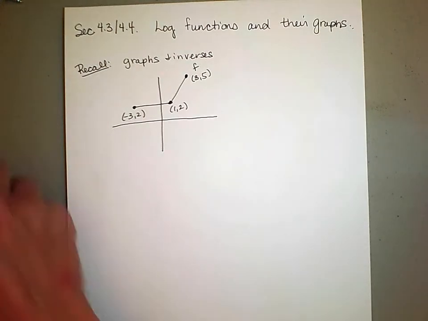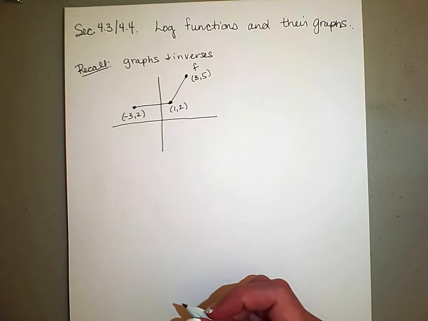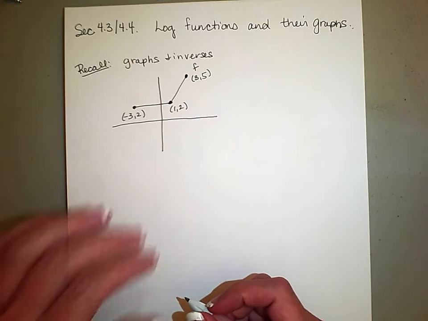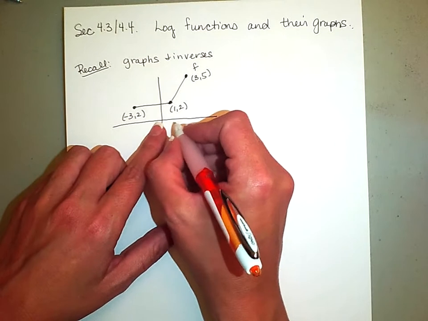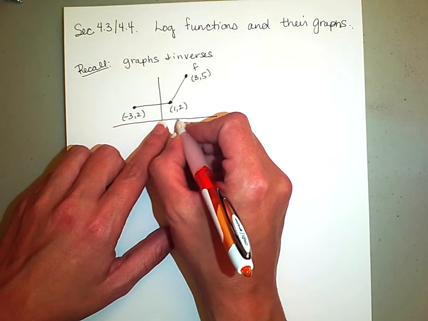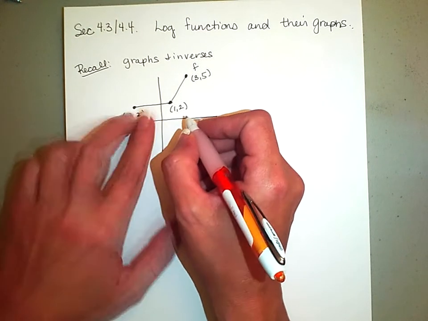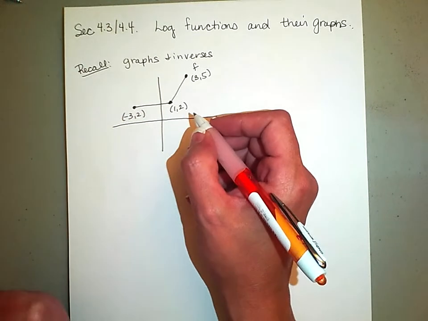I would know what the inverse function would look like, even if I don't know the equation of the inverse function, because what I would need to have is a flip-flop of the points.